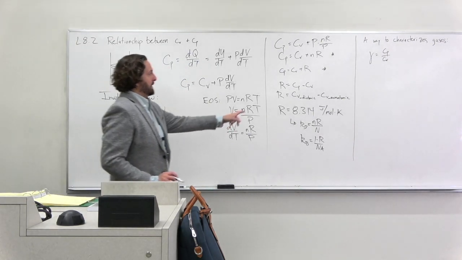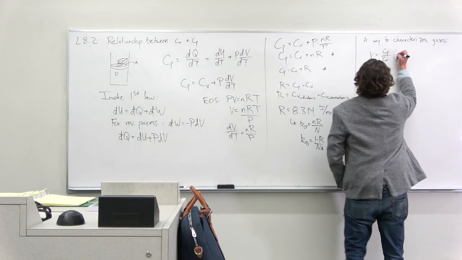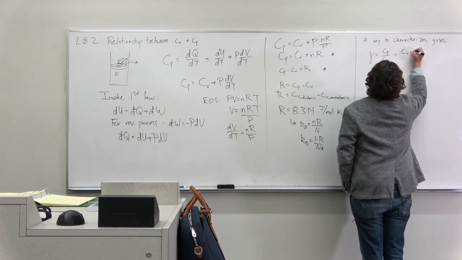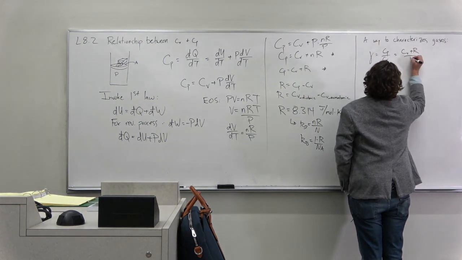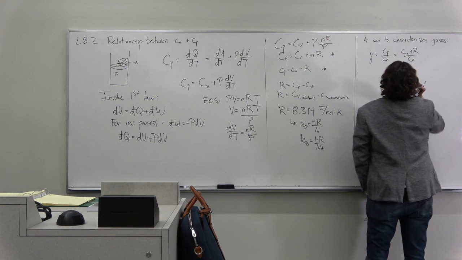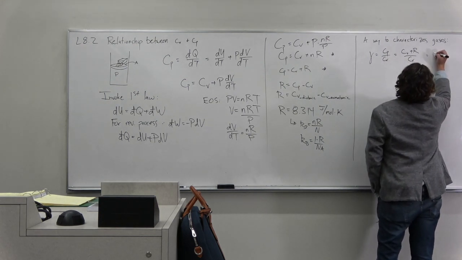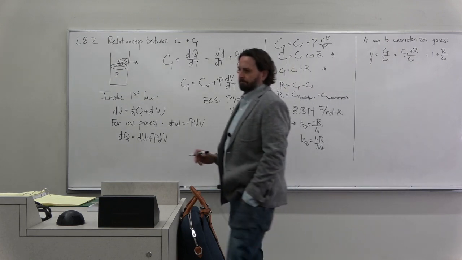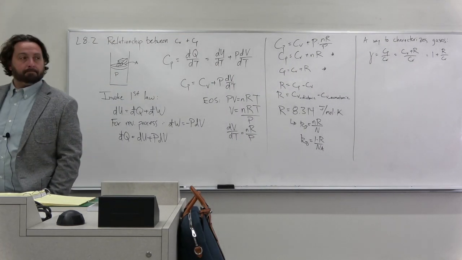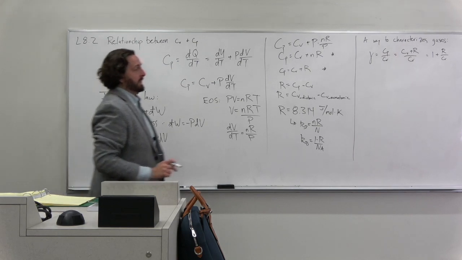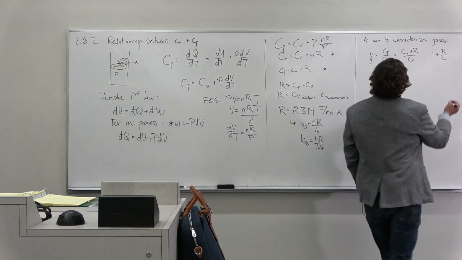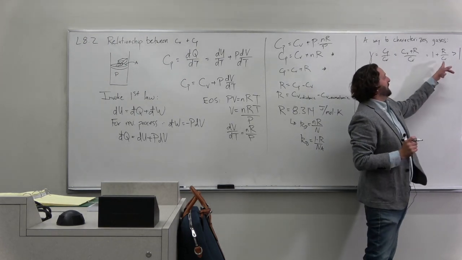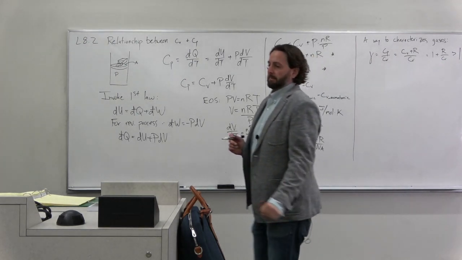Okay, now we know that Cp is Cv plus R, so gamma is Cv plus R over Cv. So this is 1 plus R over Cv. And you can see that this number is always going to be greater than 1, right? Because it's 1 plus a number.